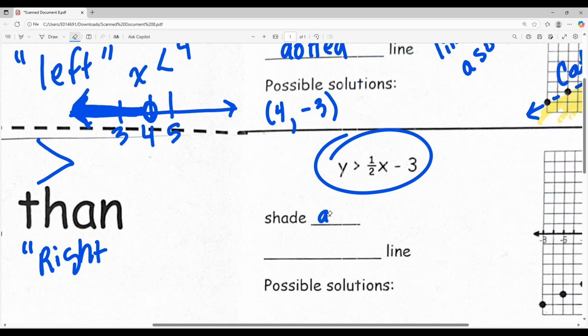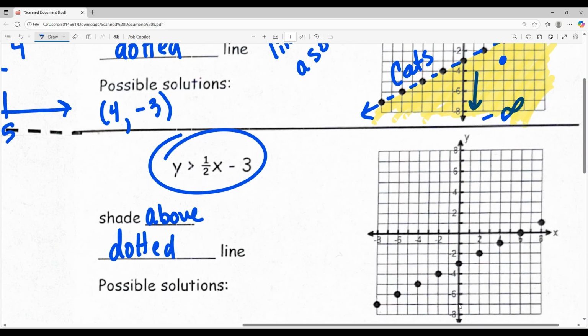So then we need to shade above. And our line is still going to be dotted. So we can just put little slashes in between our slope points that we graphed. And then we're going to shade above.